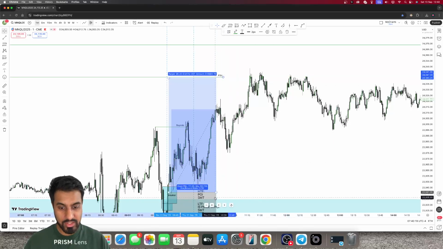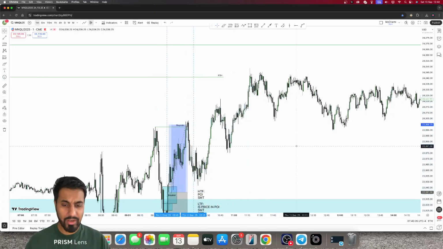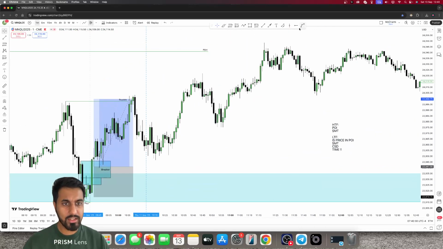You can see that potentially it did take there, but I'm going to explain the second part of the move now and show you in a bit of a quicker format, because we've already been through the basics. So the first thing I do is mark up my timings when I'm going to jump back in to look at the charts, and that would be 10:45 to 11:15 because it's an hour later.